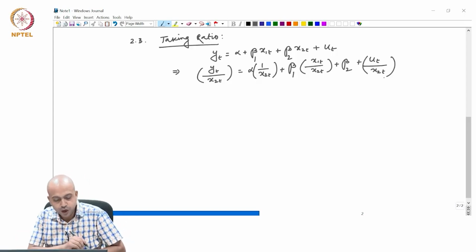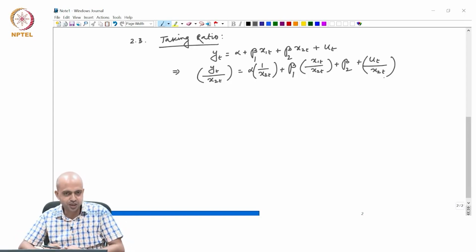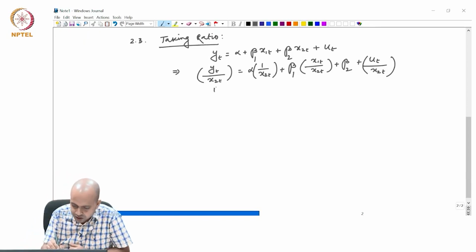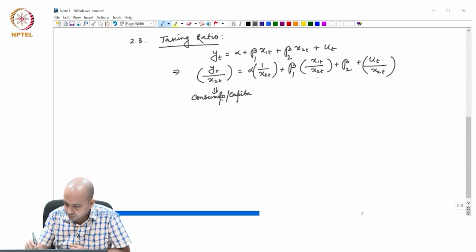So, after this transformation, consumption per capita is actually a function of GDP per capita. This is your consumption per capita, and this is GDP per capita.